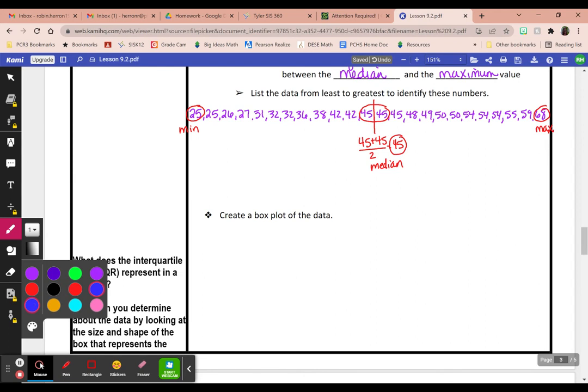So again, our quartiles are the middle between these sets, right? So I'm going to break it in half. So between this first set over here, and again, there's 12 there. So we're going to go 1, 2, 3, 4, 5, 6. Here's my middle. Well, 32 and 32, the middle of that would still be 32. So this is my first quartile.